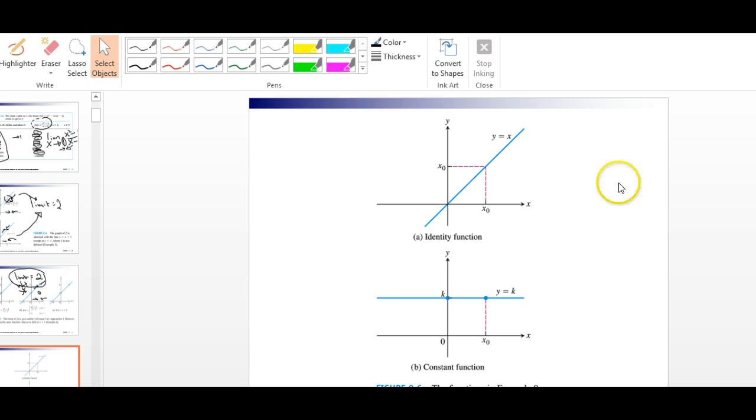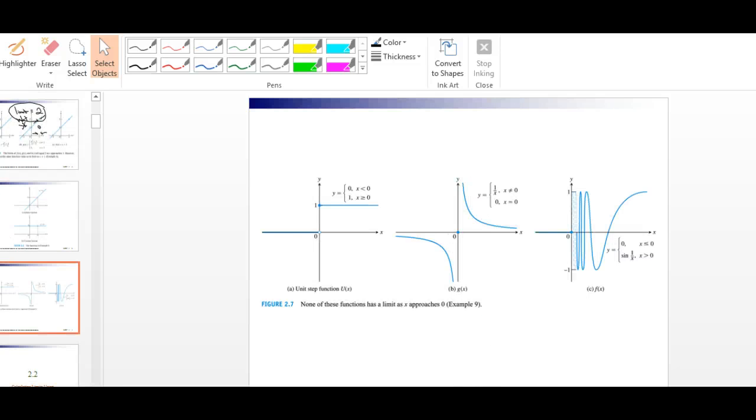Now here are some other examples, but let's take a look at this example. All right, now if you take a look at this function, we are interested in finding the limit as x approaches 0 this time, not 1.